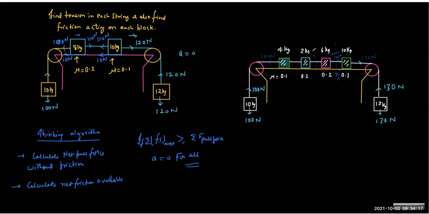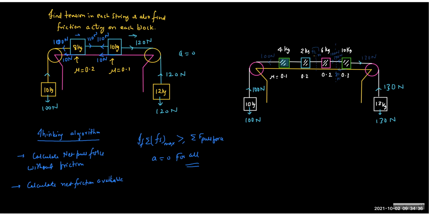So 92 is the value from the left side, and here if we remove the 12, the 88 is the value from this side, and therefore the 92 will dominate.